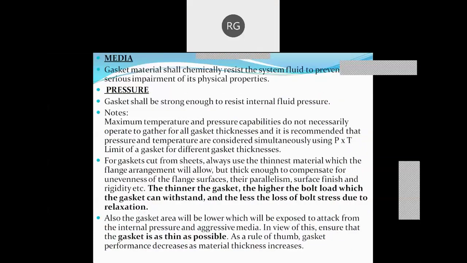Then the media, which is basically the chemical being used in the process. Depending on that media, I have to select the material for the gaskets. The gasket should be strong enough to resist the internal fluid pressure.